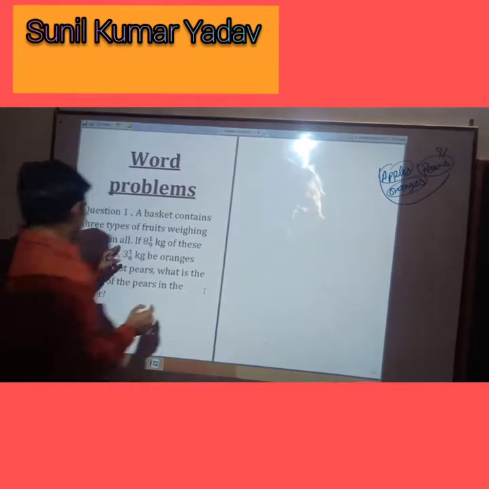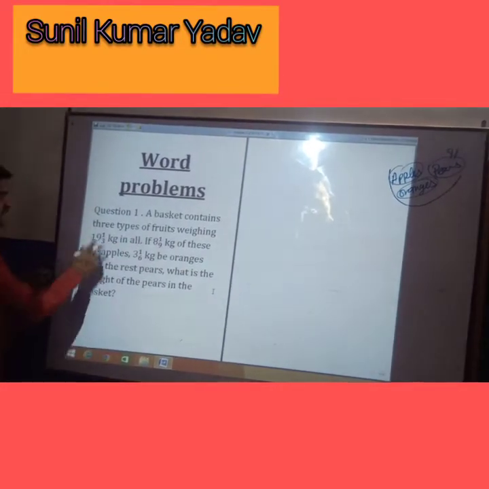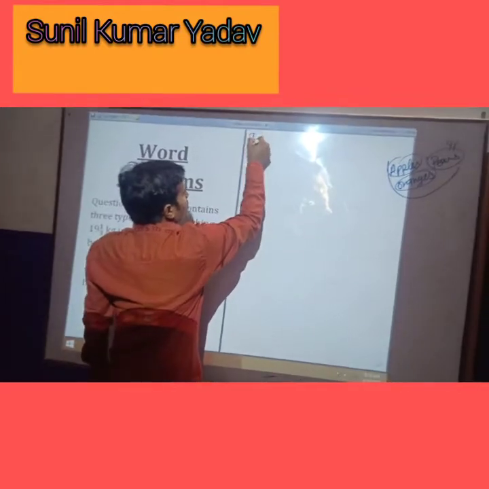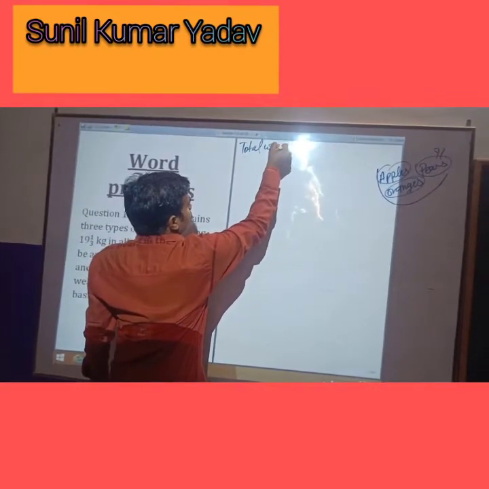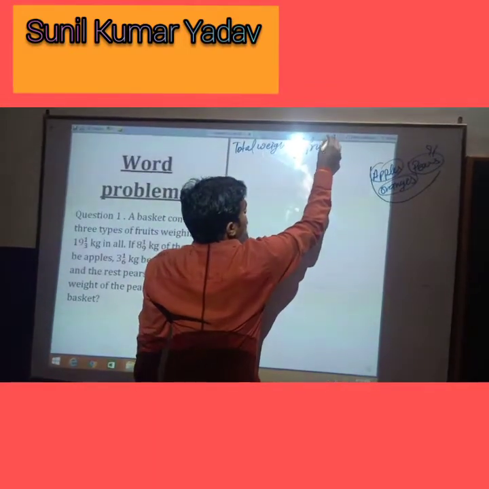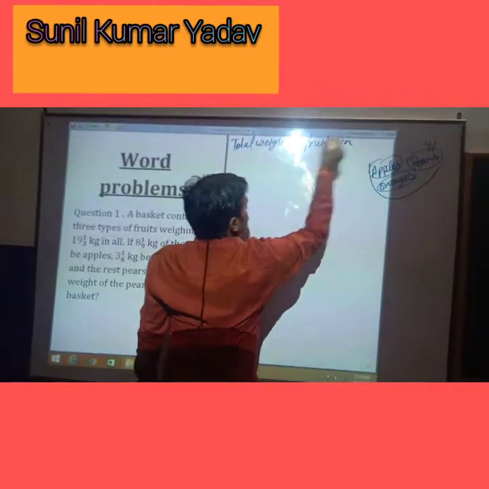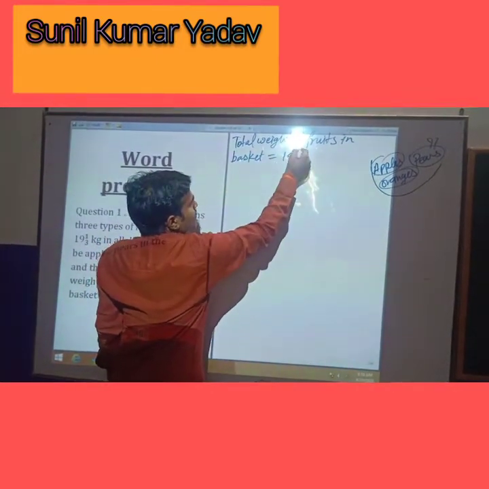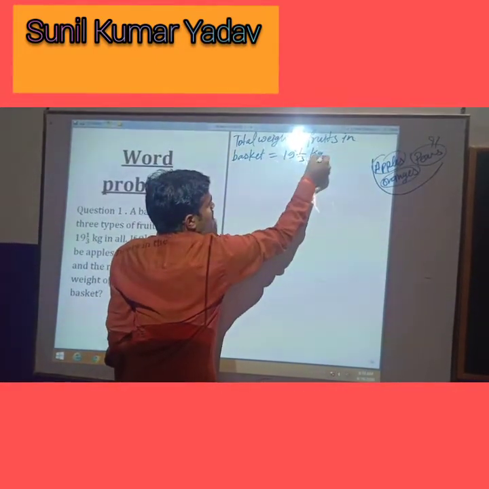The total weight of fruits in the basket is 19 and 1/3. So first we write: total weight of fruit in the basket is equal to 19 and 1/3 kg.